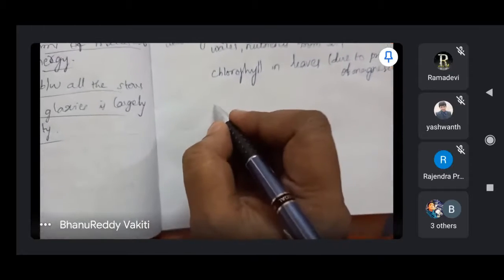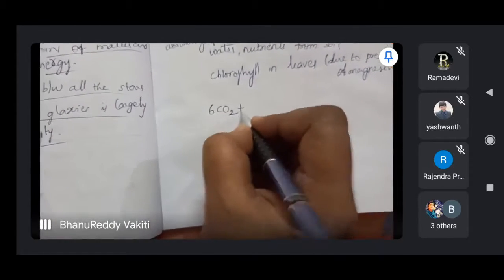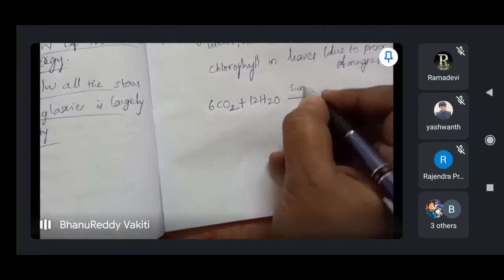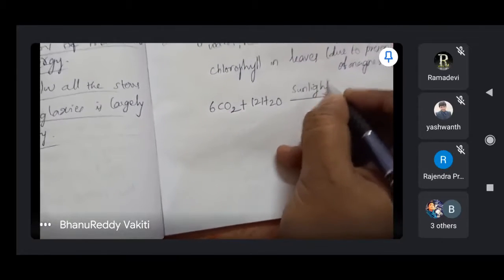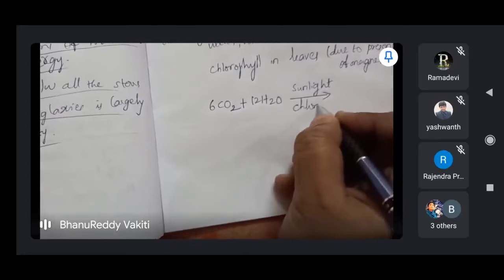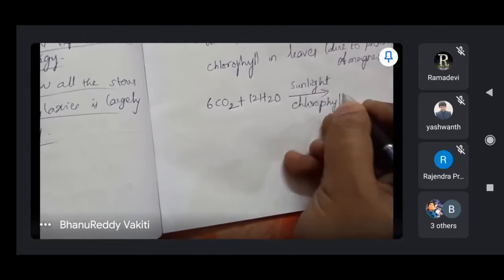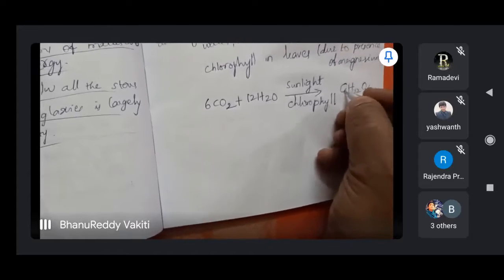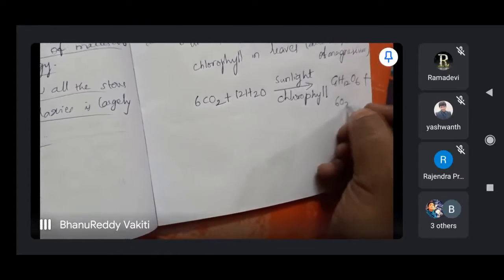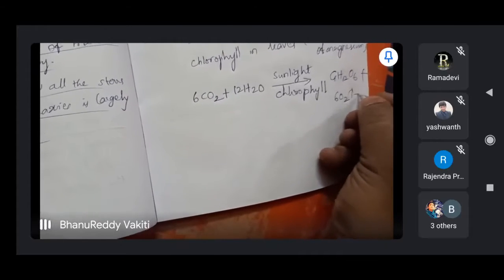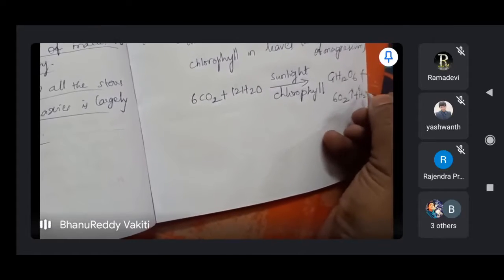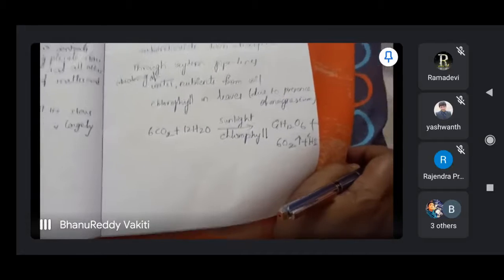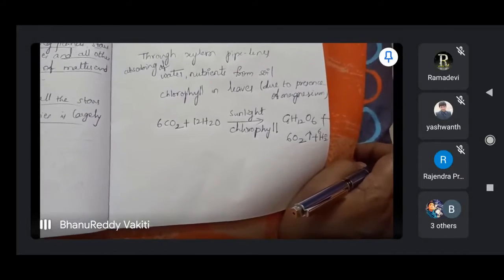And what is the reaction? 6CO2 plus 12H2O, in the presence of sunlight and chlorophyll, gives C6H12O6, which is the glucose formula, plus 6O2, which is a gas, plus 6H2O, the water molecule.